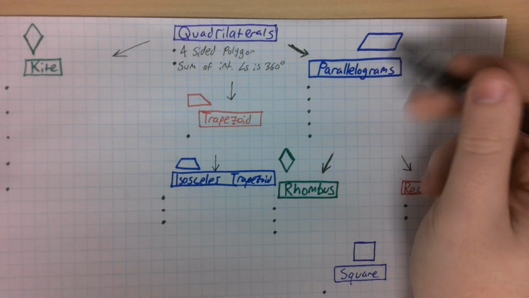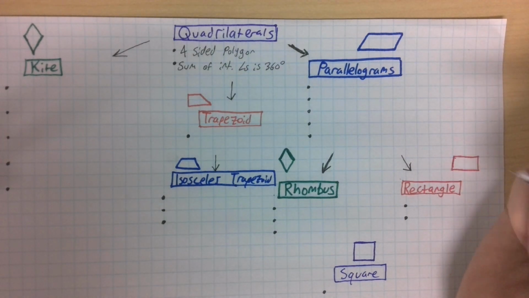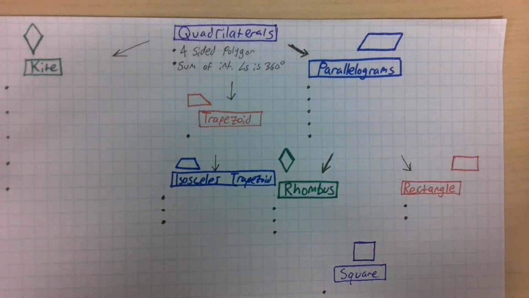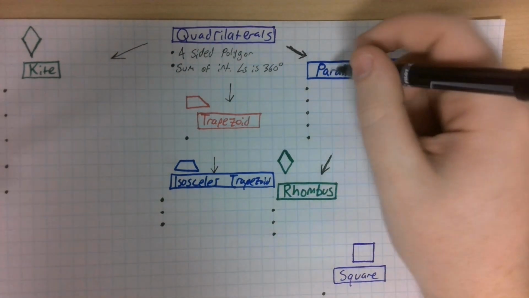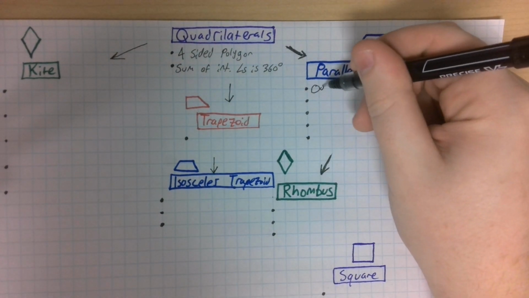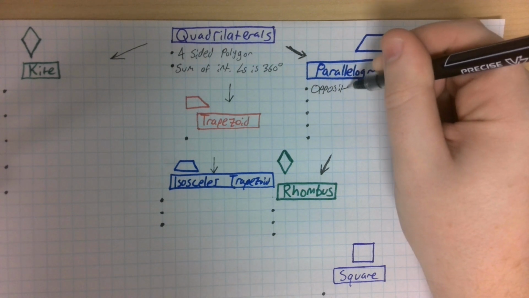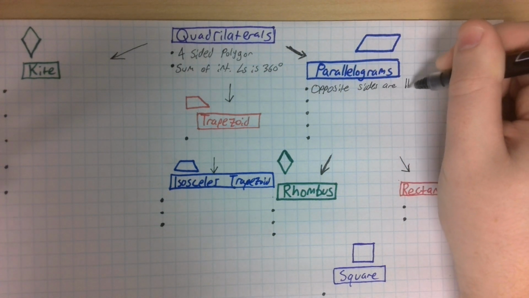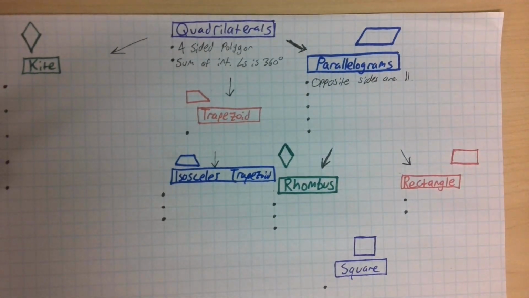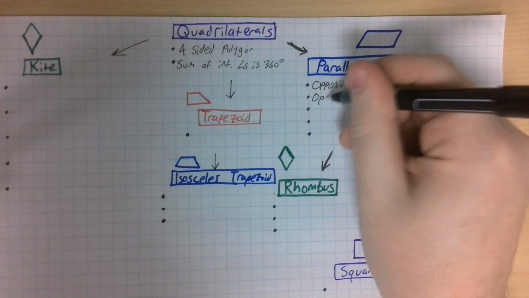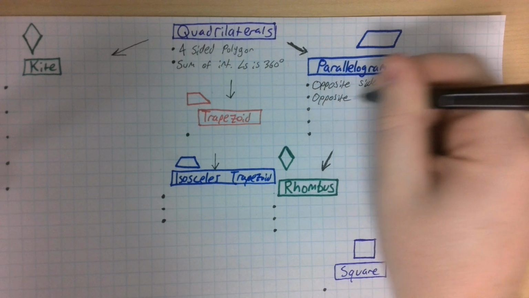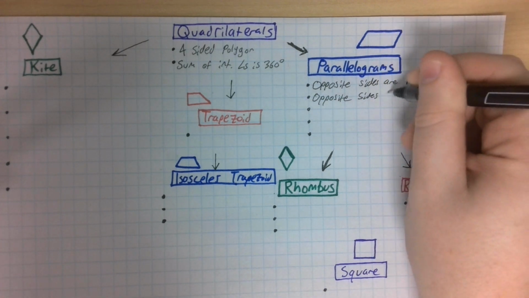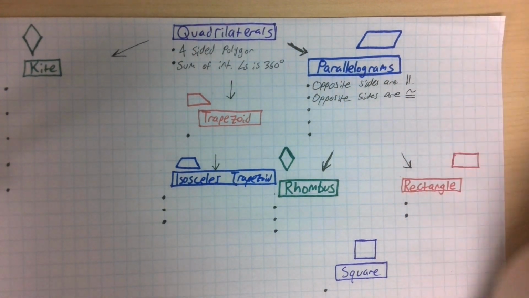From here, in 7.2 and 7.3, we talked a lot about parallelograms. And there are 5 things that we know about parallelograms. Because of the definition of a parallelogram, we know that opposite sides are parallel. Because of the parallelogram opposite sides theorem, we know that opposite sides are also congruent.